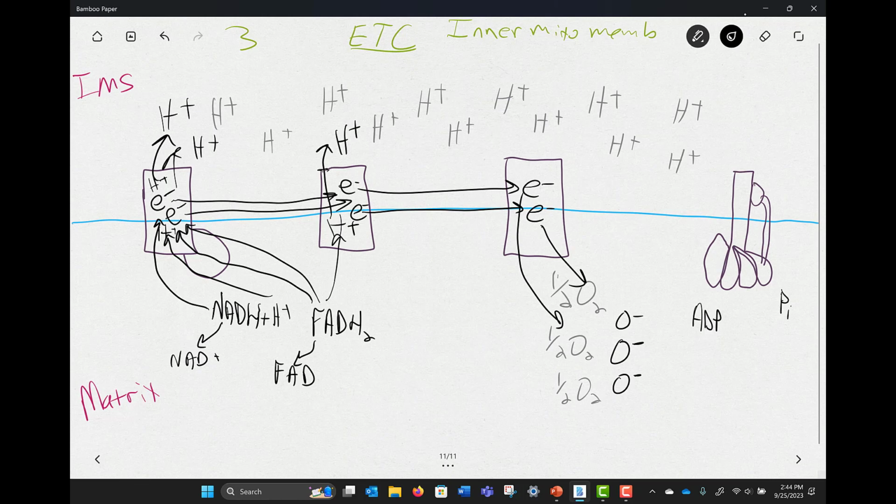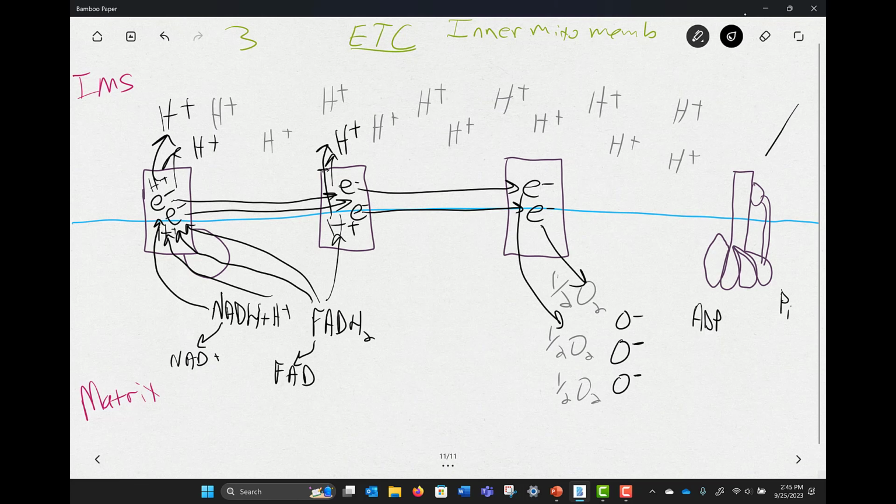Remember, all of these things are one-way paths for those H pluses. A lot of positives up top, but because of these O negatives, we have a lot of negative charges in the matrix. The positives are attracted to the negatives. That is an electrochemical gradient. An electrical gradient inward and a chemical gradient inward. But we can't get in, can we?